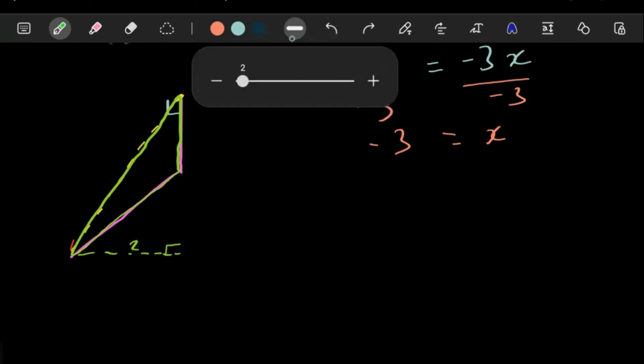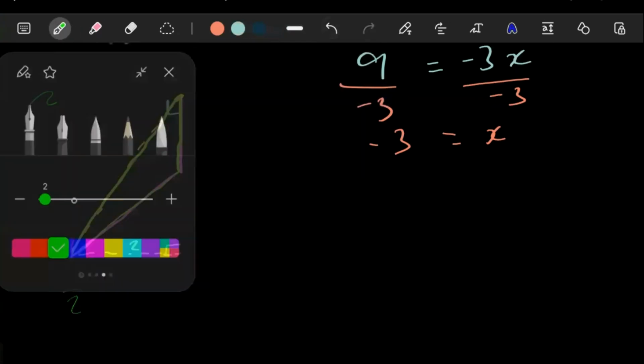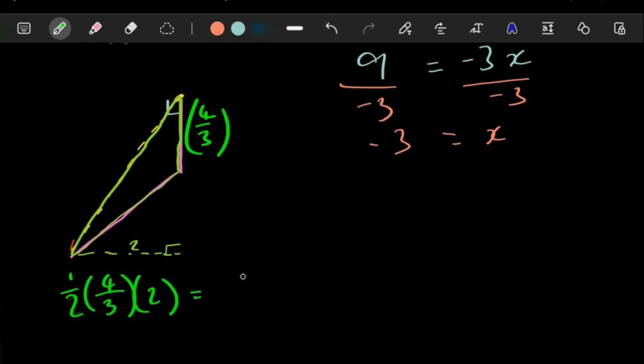Half, right? The base here is just 4/3, and then the perpendicular height is 2. That's the area of this triangle here.